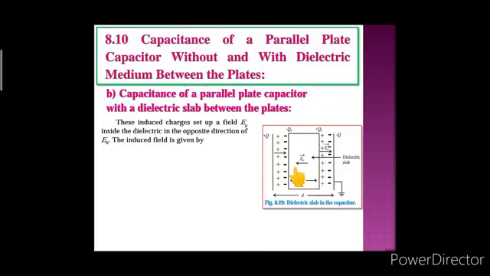So over here inside the dielectric, the electric field will be set up which is denoted as EP. The electric field is developed over here due to the polarization.